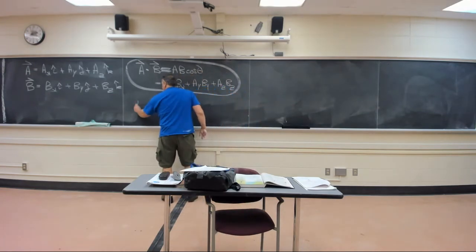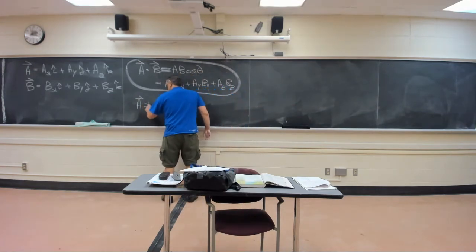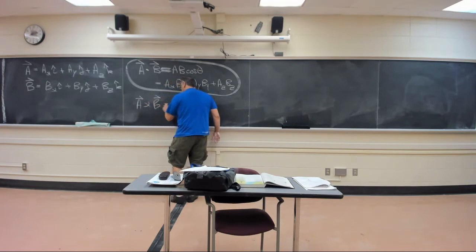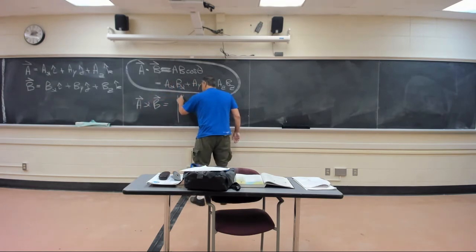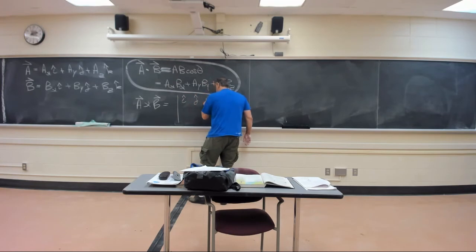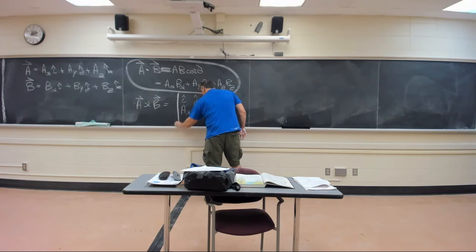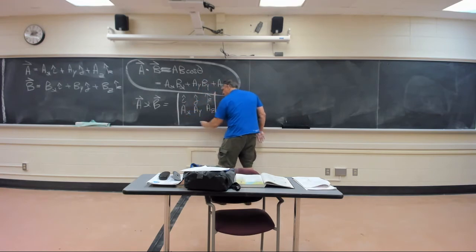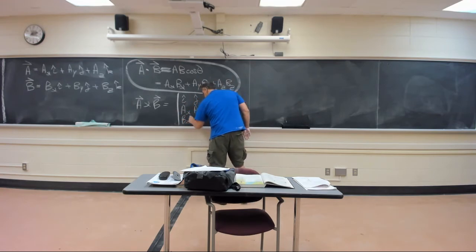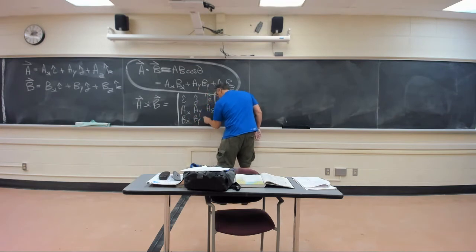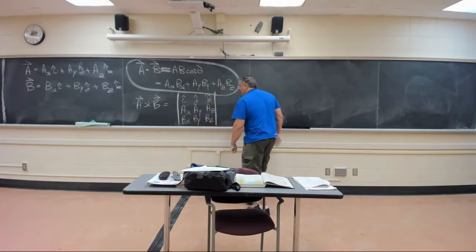A vector cross B vector. I hat, J hat, K hat. We have this.